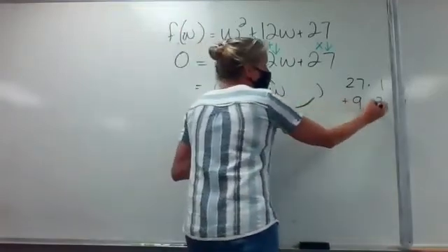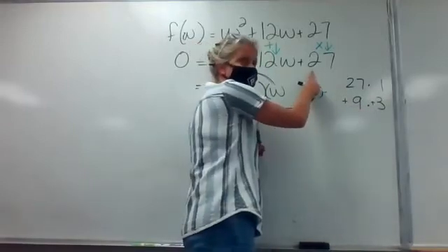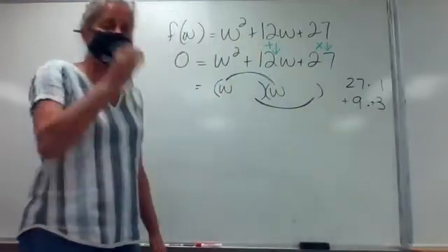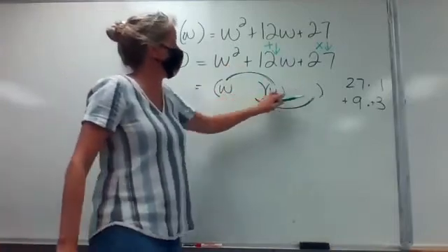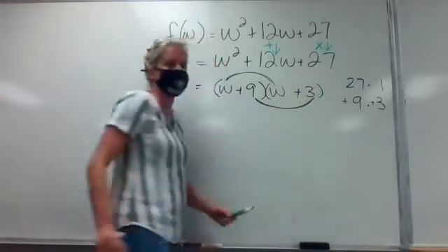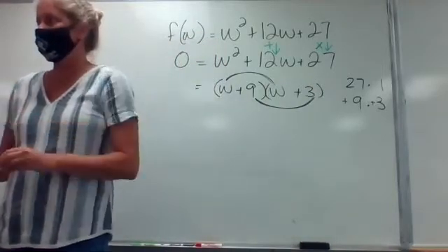And I actually need them to both be positive, right? Because that multiplies to positive 27, and if you add positive 9 and positive 3 together, you get positive 12, which is what you want. Since your signs are the same, it doesn't even matter where you put the positive 9 and positive 3. They can be in either spot.